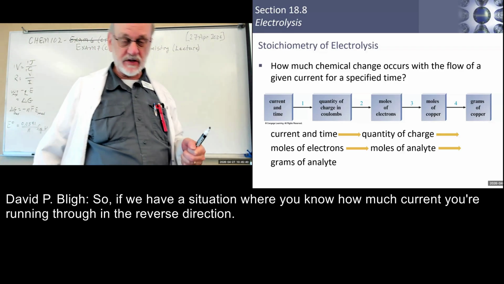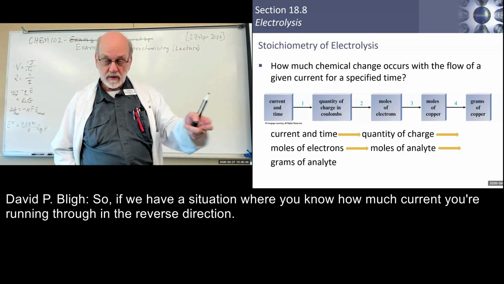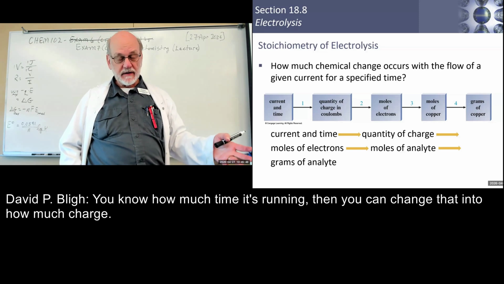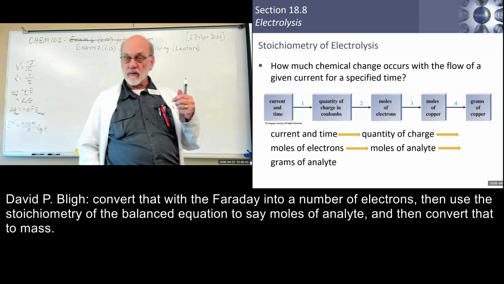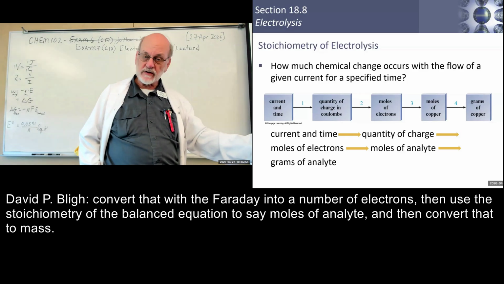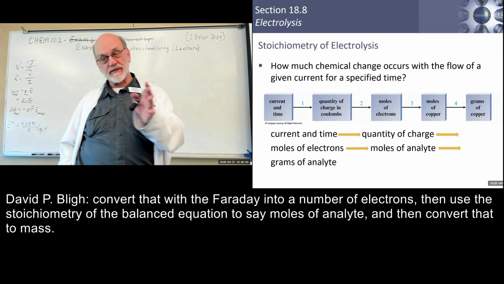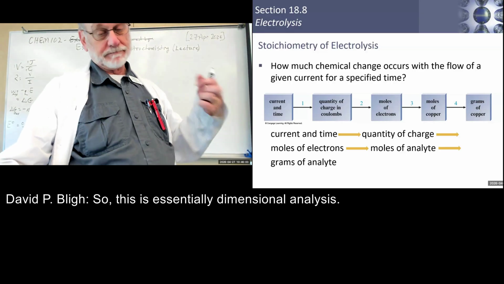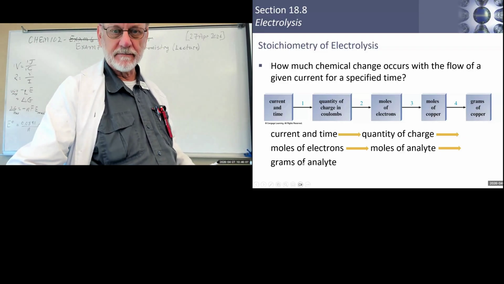So if you know how much current you're running through in the reverse direction, you know how much time it's running, then you can change that into how much charge, convert that with the Faraday into a number of electrons, then use the stoichiometry of the balanced equation to say moles of analyte, and then convert that to mass. So this is essentially dimensional analysis, right?